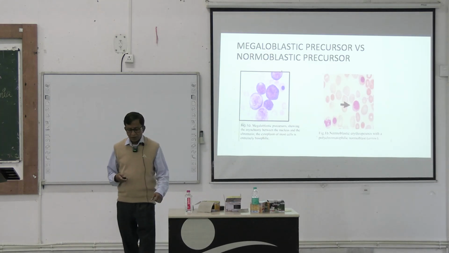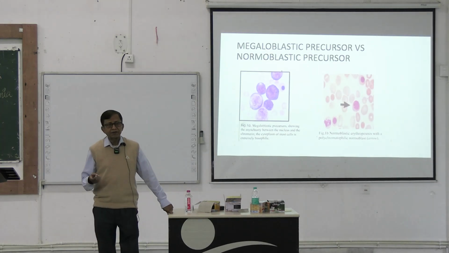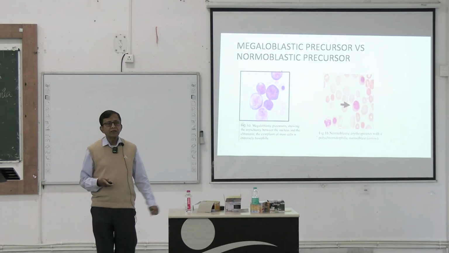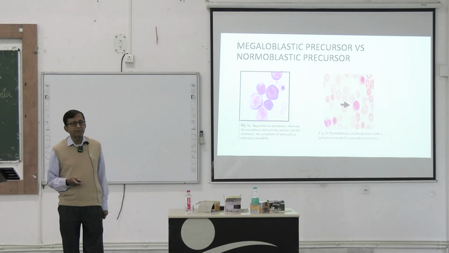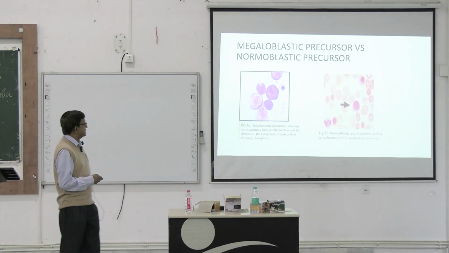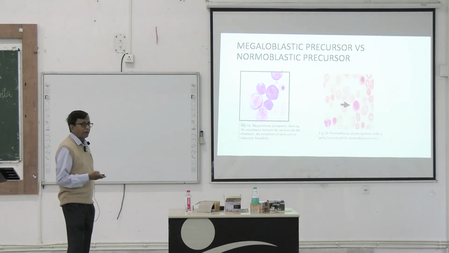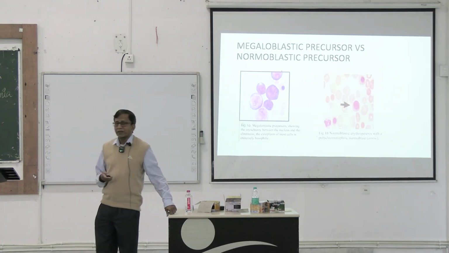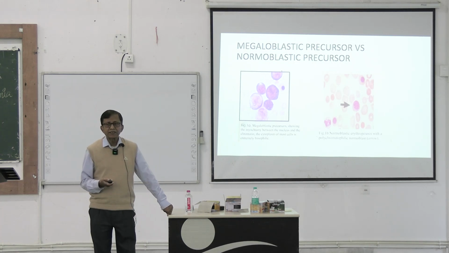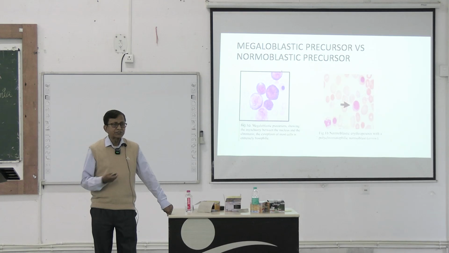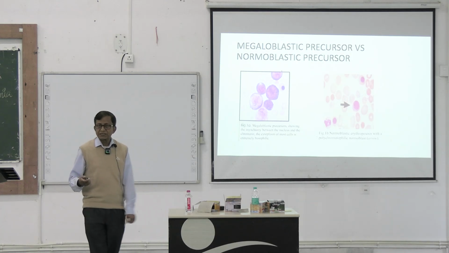By taking simple blood for CBC, that means complete blood count, we can diagnose megaloblastic anemia by seeing the blood, but also by biochemical parameters like vitamin B12 and folate assay from blood, serum, or by some special test.